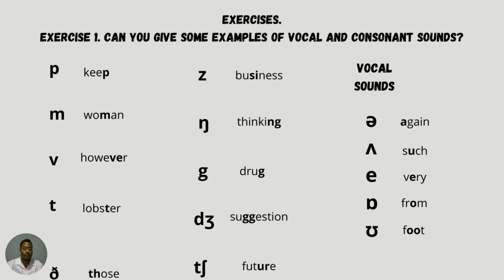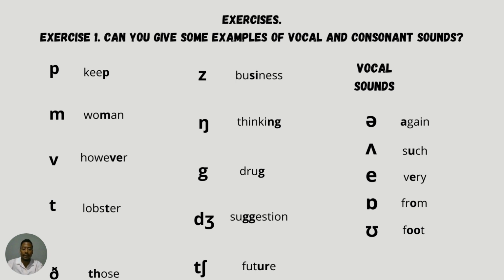For example, Z, business; M, woman. And here we have vowel sounds. A, again. And U, food.